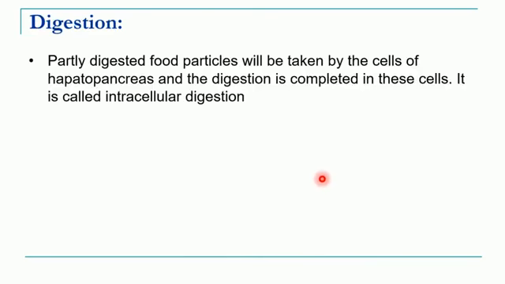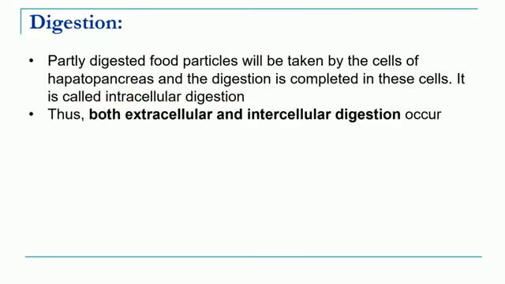Further digestion takes place. The partially digested food particles will be taken up by the cells of the hepatopancreas, and the digestion is then completed in this hepatopancreas or liver. This type of digestion is called intracellular digestion.